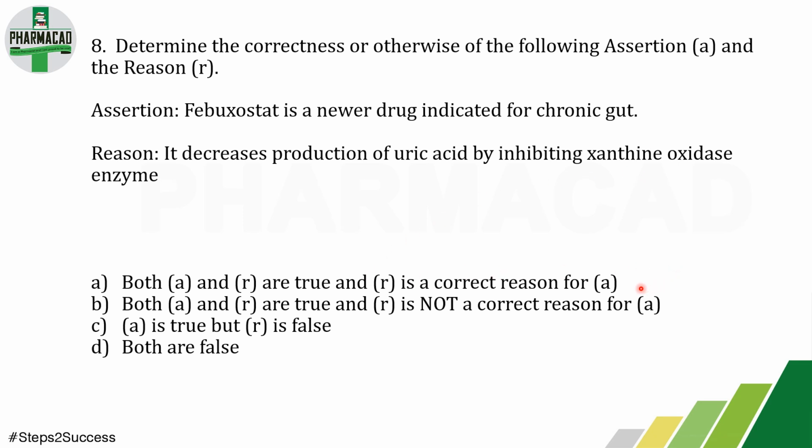The options are: both A and R are true and reason is the correct reason for assertion; both A and R are true, but reason is not the correct reason for assertion; assertion is true but reason is false; and option D says that both are false. So let's look at the solution further.